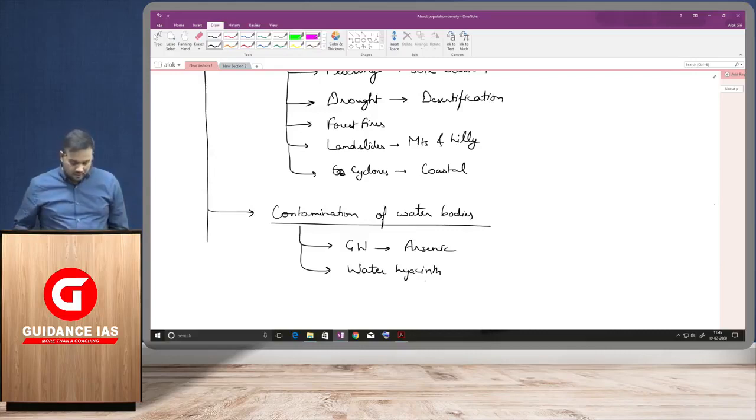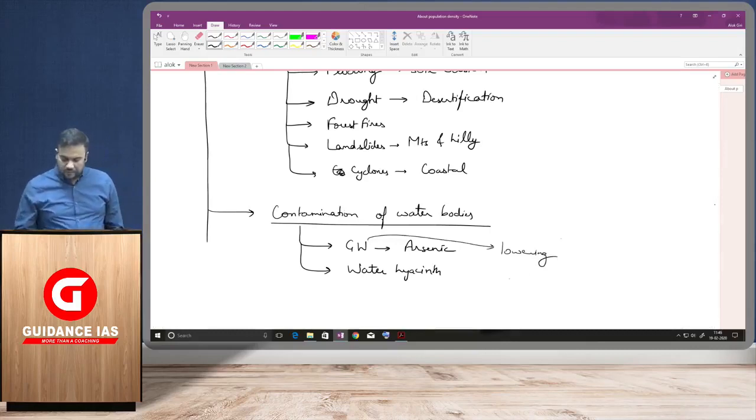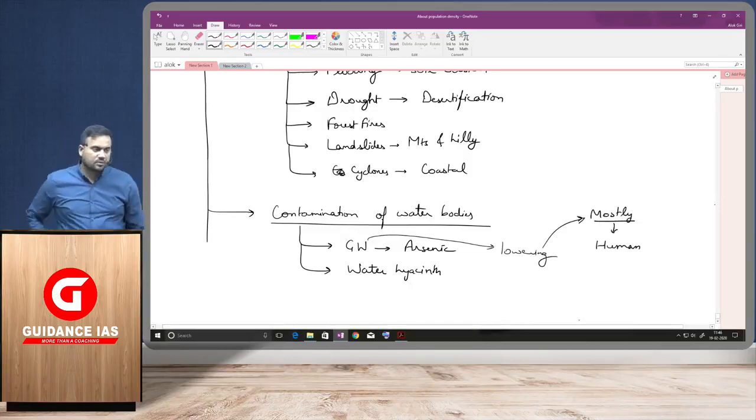Other factors are also there, like groundwater की बात कर रहे थे तो there is also the problem of lowering of the groundwater. Lowering of the groundwater is the result of mostly what? It is the result of mostly, I am using the word mostly, human activities. Human activities have led to reduction in the groundwater in many ways.